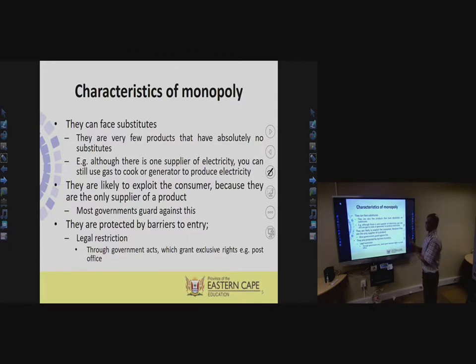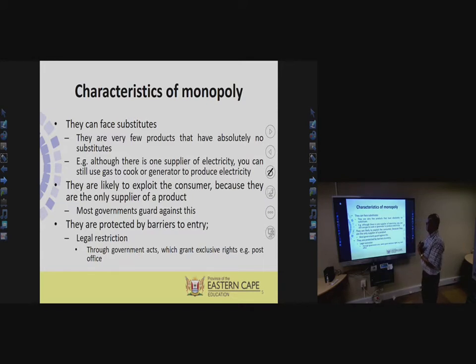For example, although there is one supplier of electricity, you can still use gas for cooking. You cannot say gas is the same product as electricity, but you can use electricity to cook, and you can also use gas to cook.